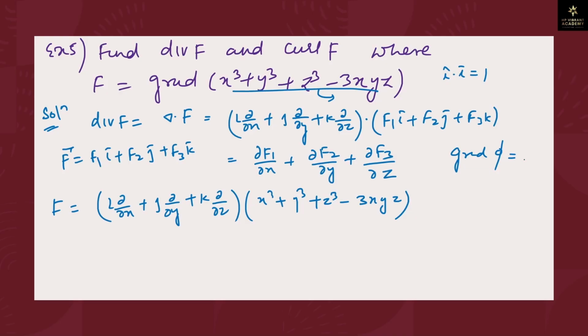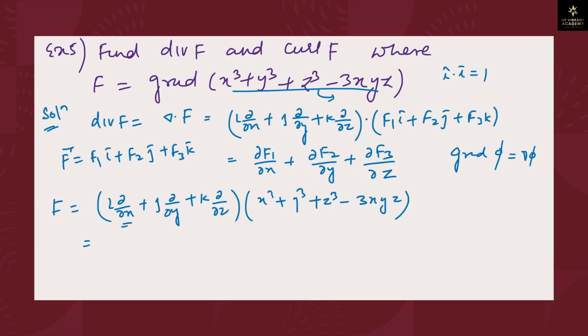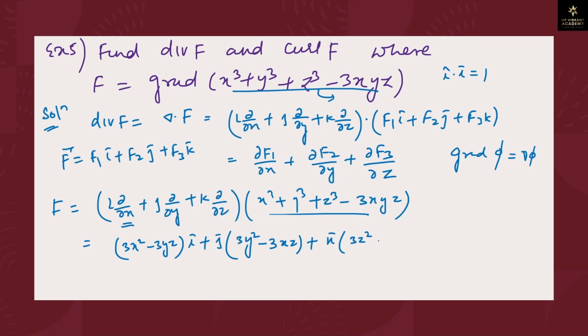So for taking the gradient of phi, we apply the del operator on that function. So this is del upon del x of the whole function, which is 3x square minus 3yz i cap, plus j cap times del upon del y, which is 3y square minus 3xz, plus k cap times del upon del z of this one, which is 3z square minus 3xy. Okay.